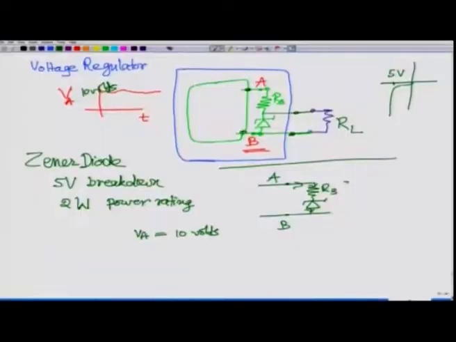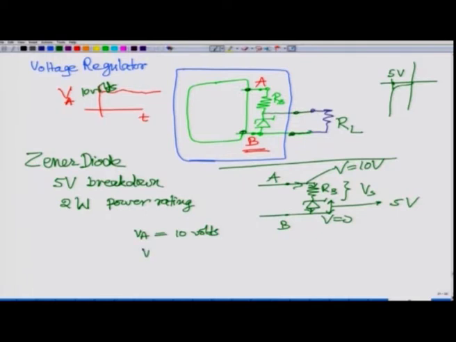So, what is the voltage across this RS? Let us say the voltage across this is RS. This voltage V is equal to 0, this voltage V is equal to 10 volt, and then across the diode this voltage is 5 volt, right. So, the current is there, but the voltage here is 5 volt.